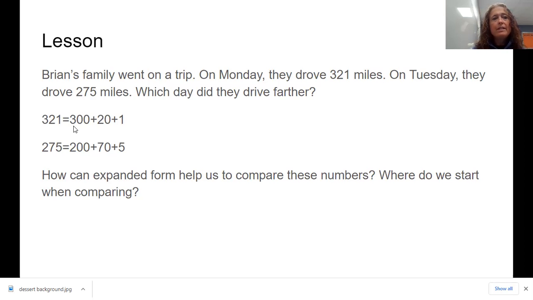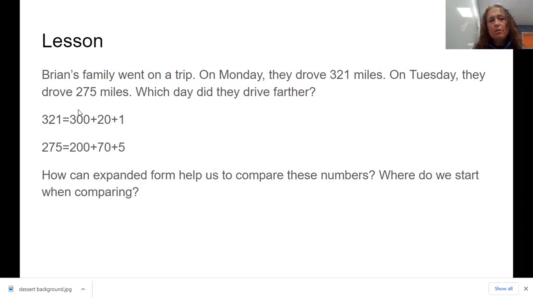So here, this number has 300 and this number only has 200. So right away, we can tell that 321 is larger because it has a 3 in the hundreds place instead of a 2, okay?